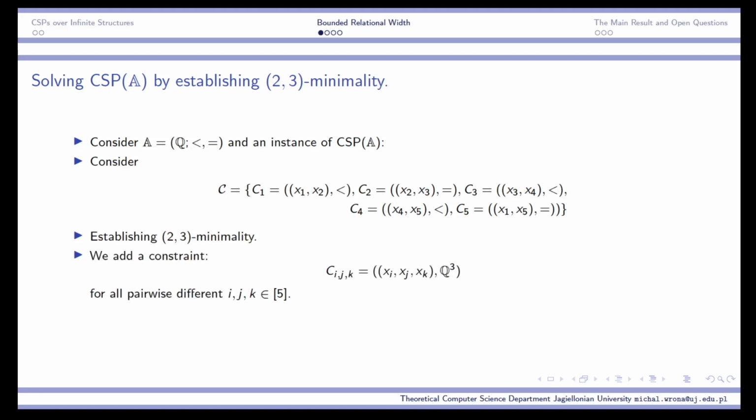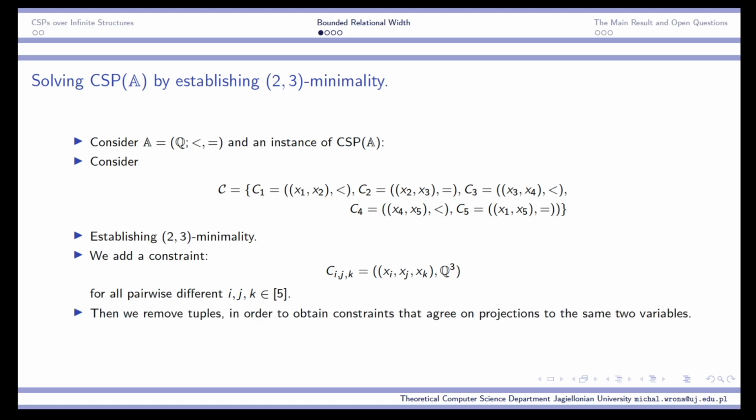First we add constraints so that every three-element subset of variables is in the scope of some constraint. And then we remove tuples. This three here, where we added constraints with the scope of three variables, is the three from two-three minimality.